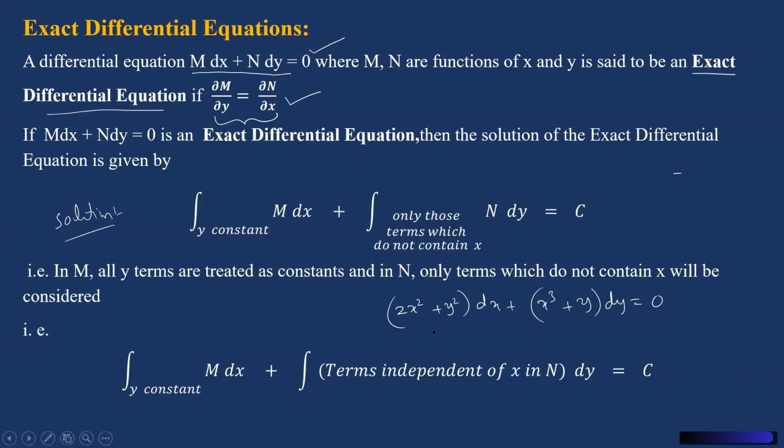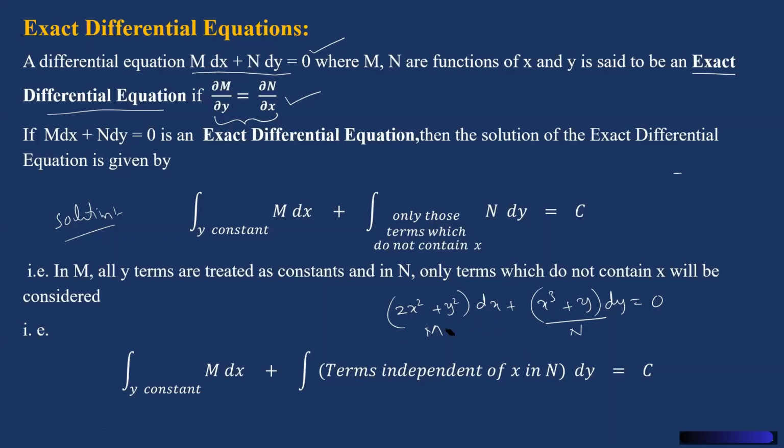I'm just taking some functions randomly for m and n. The coefficient of dx is m, and the coefficient of dy is n. Now I'm not verifying whether it is exact or not, but in case it is exact, I'm just trying to tell you how we are going to integrate them, how we are going to write the solution. Consider this is exact.